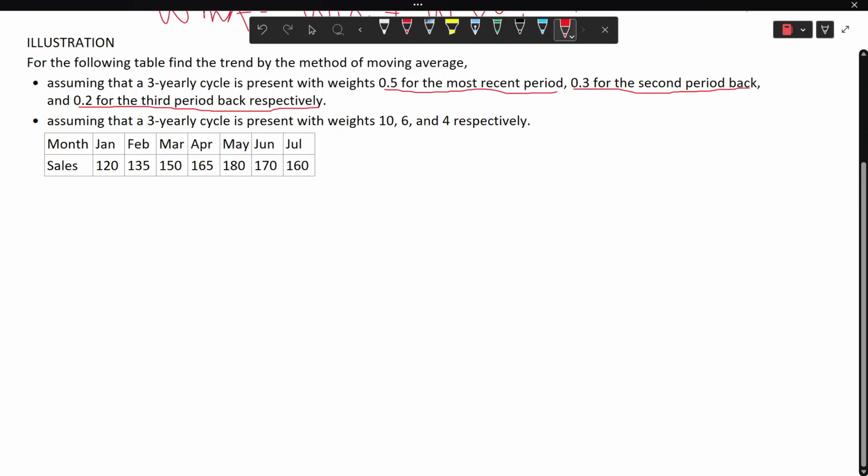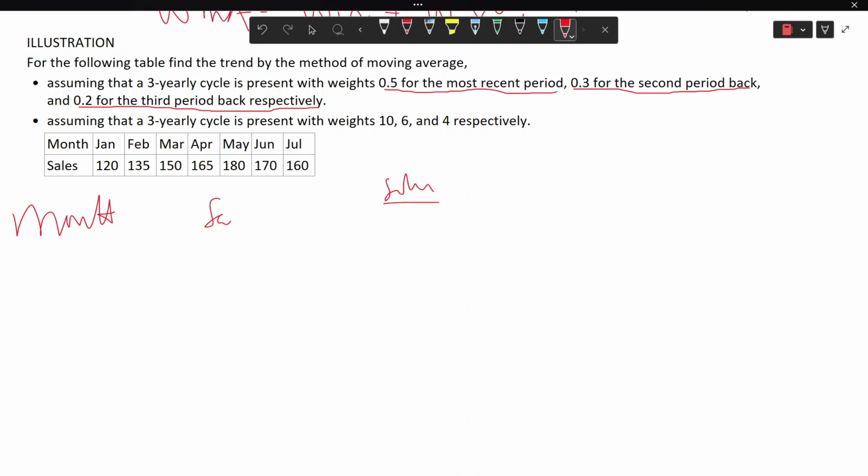So let's look at how we would go about this. We have the month and we have the sales, and the 3-period weighted moving average. Because we are dealing with an odd number, there's no need for us to find the centroid.